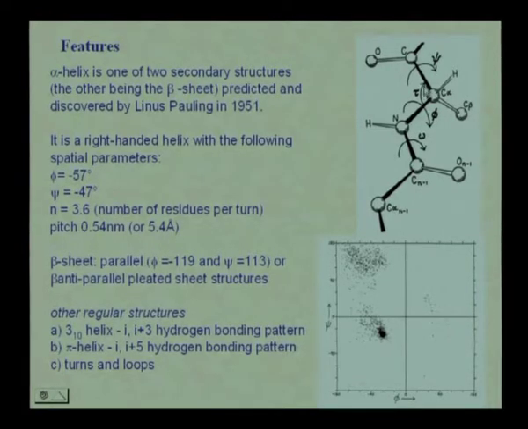Now, let us look at this chain here. When we look at the chain, which direction am I going in? From top to bottom or from bottom to top? You can say from the location of the nitrogen, the C alpha and the C. So, we know this is the N, C alpha, C. So, I am going from the bottom to the top, right, and we now know what type of angles we are considering.